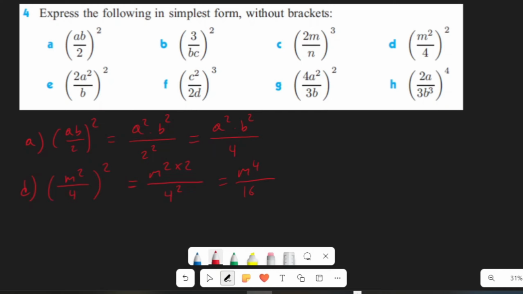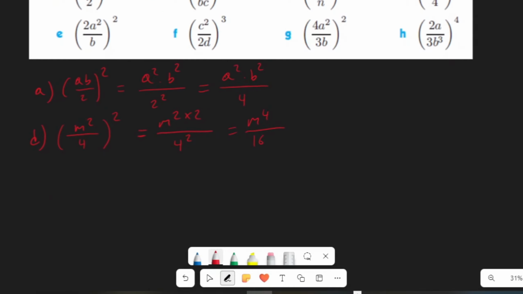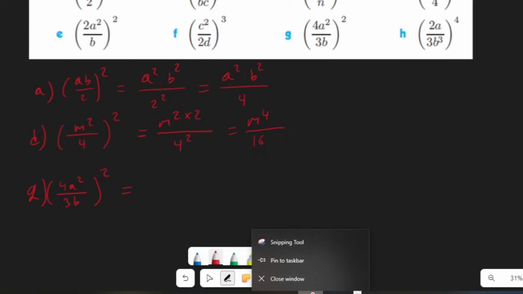Let's do one last example and go for G. In G, we have 4 a squared over 3b all squared. To solve this, we first expand the 2 into the 4 and the a squared.